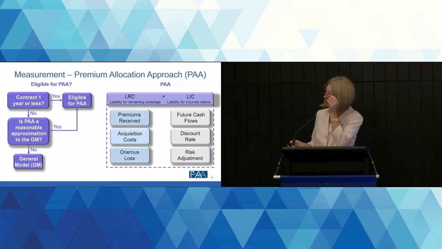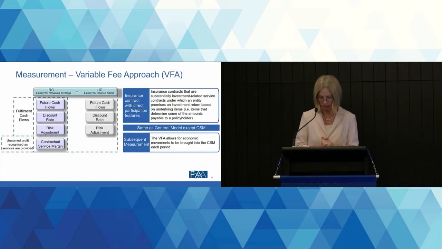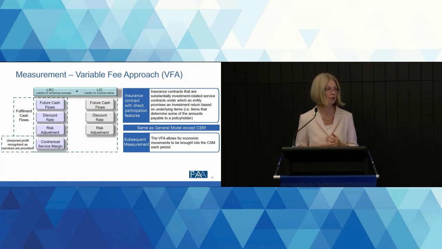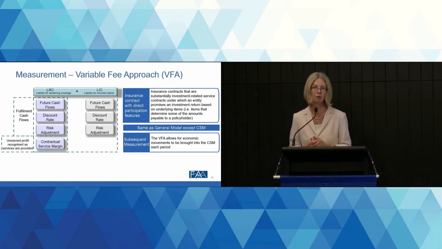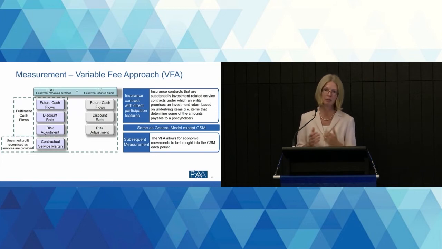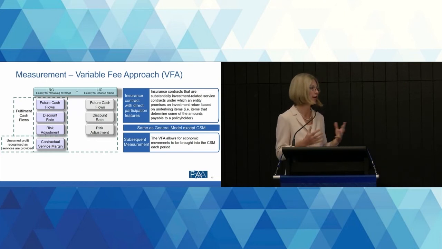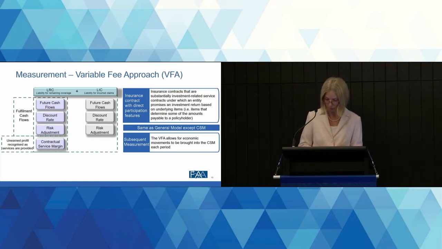So the final measurement model is the variable fee approach, or VFA, applicable to life insurers where they have contracts with direct participation features. In summary, that's a contract for which there's an investment component, and both the insurer and the policyholder have a share of returns based on an underlying group of items, often some kind of investment assets.